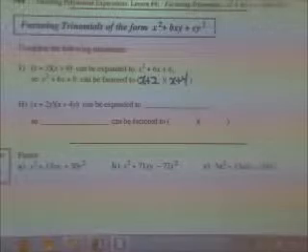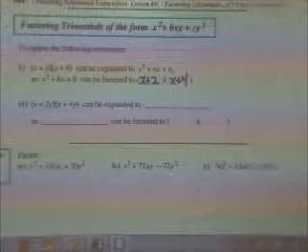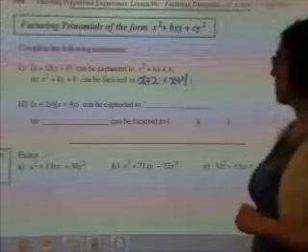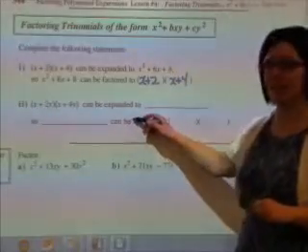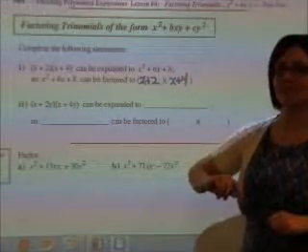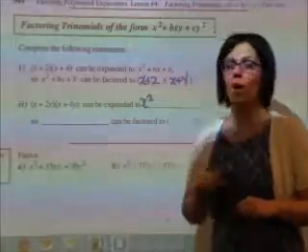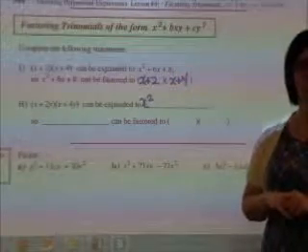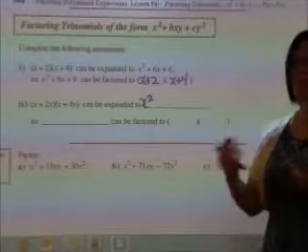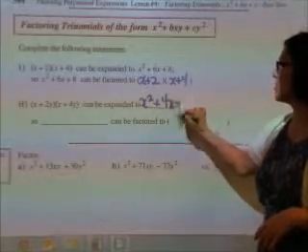So if instead of x plus 2, I have x plus 2y and x plus 4y, and I expand this out, I will get x times x, which is x squared, x times 4y, 4xy or 4yx, but we're going to put it in alphabetical order.